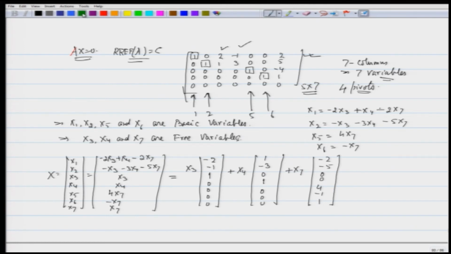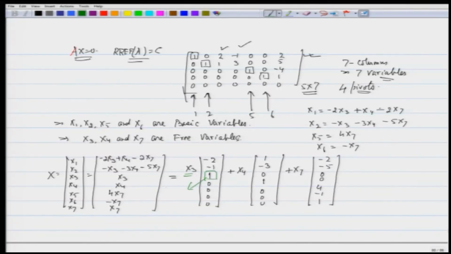So, now some observations. x3 was a free variable, all right. Since x3 is a free variable, this one appears at the third place. Look at the other places here, third places are 0, fine. Let us look at the next.